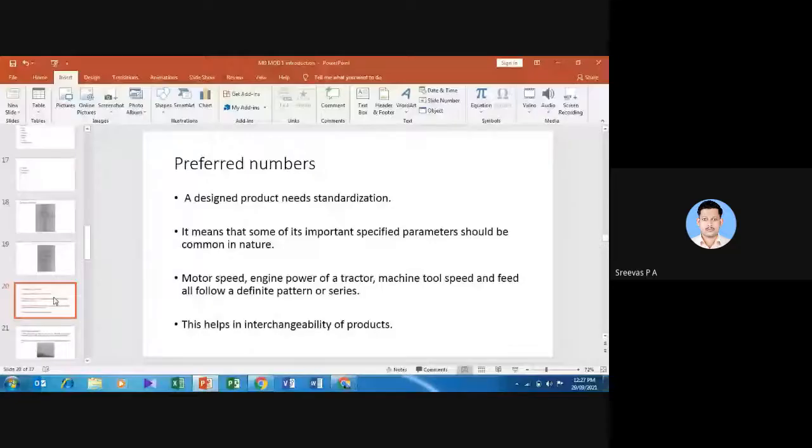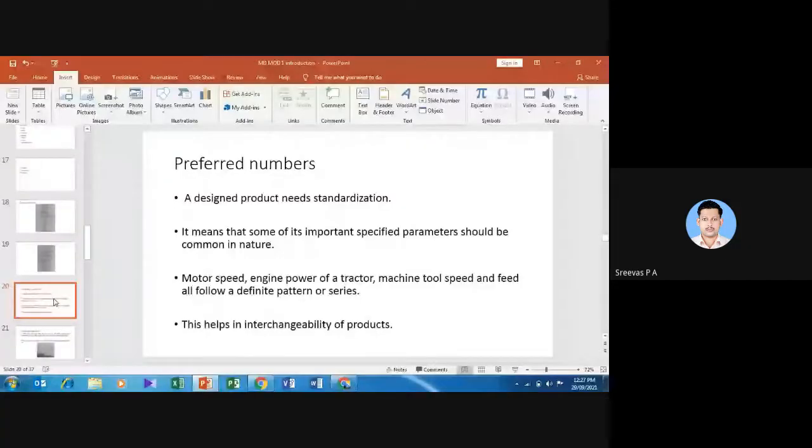Can you just recollect why standardization is necessary? To get more accurate. Anyone? I see. Okay.